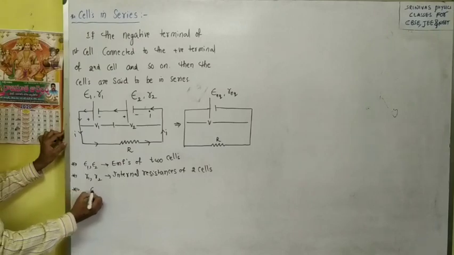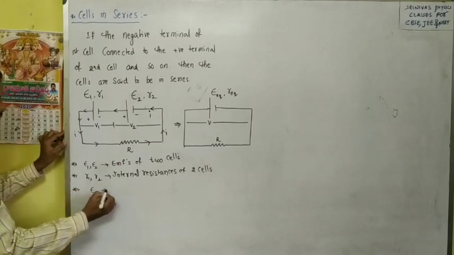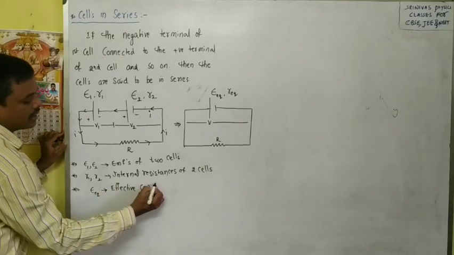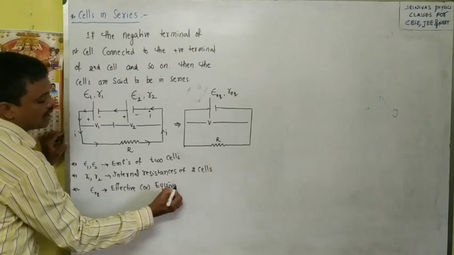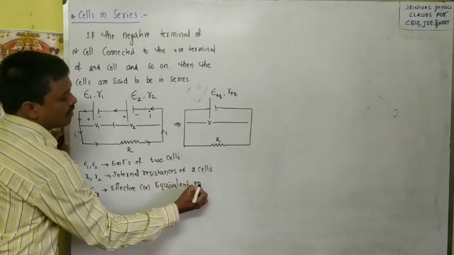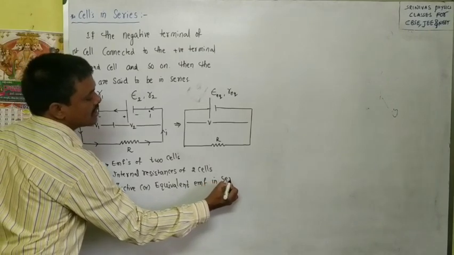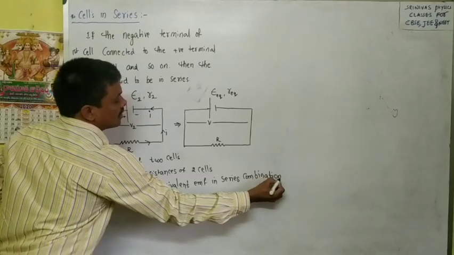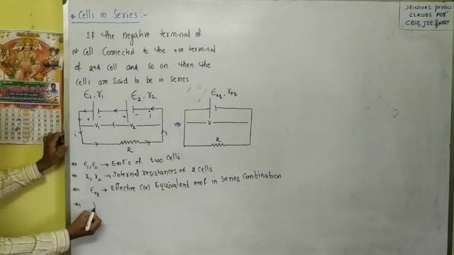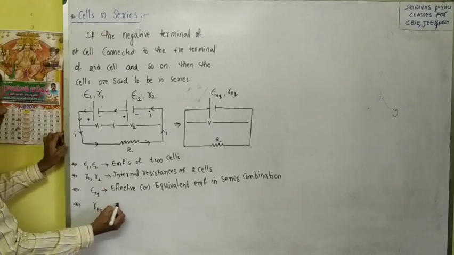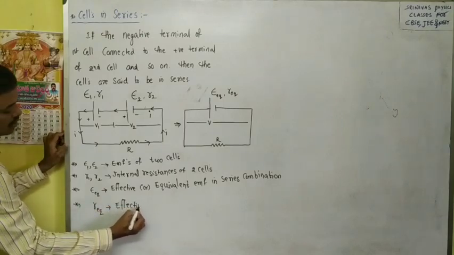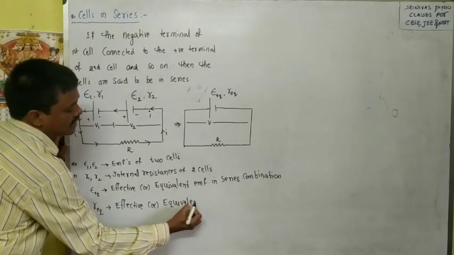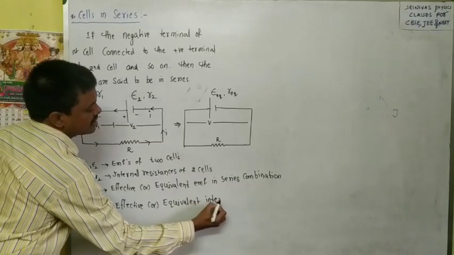E equivalent is the effective or equivalent EMF in series combination of two cells, right? R equivalent is the effective or equivalent internal resistance.